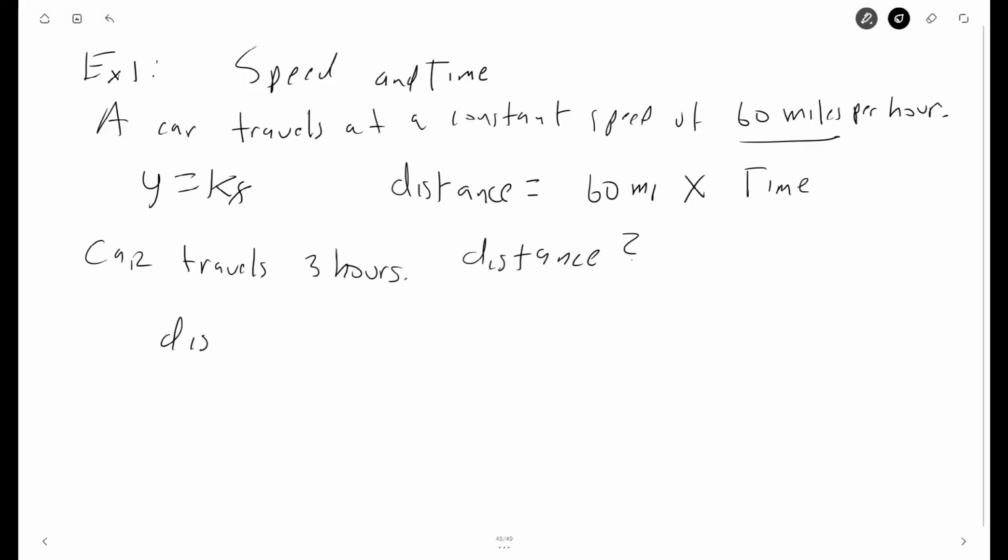Distance will be equal to 60 miles times time, which is 3 hours. So that's equal to 180 miles.